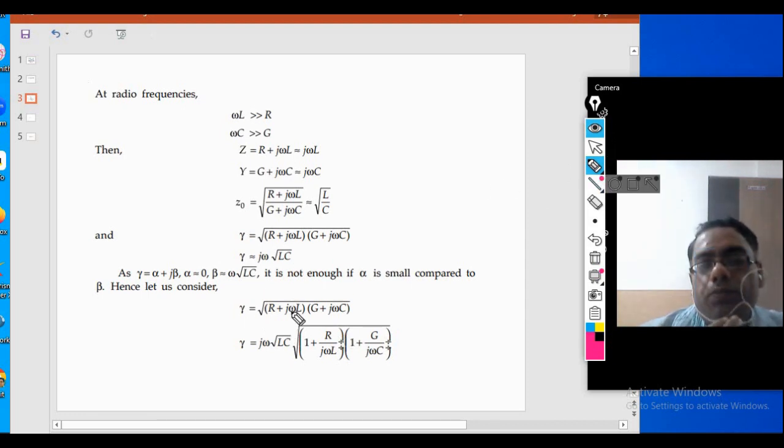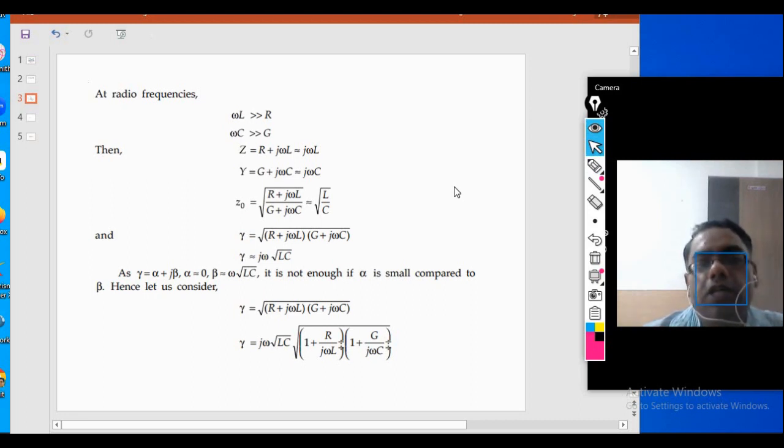Now this can be obtained by considering gamma as the general equation and rearranging it in a form so that we get the R by j omega L term. Since omega L is much greater than R, this term is less than 1, and this term is also less than 1. Since these terms are less than 1, we can expand in binomial series form.